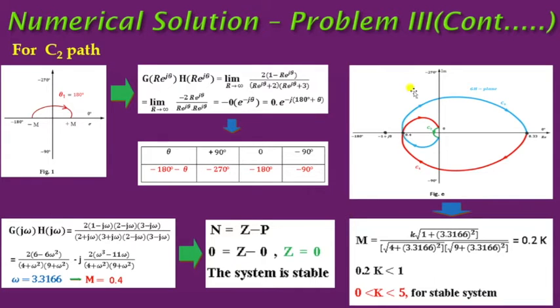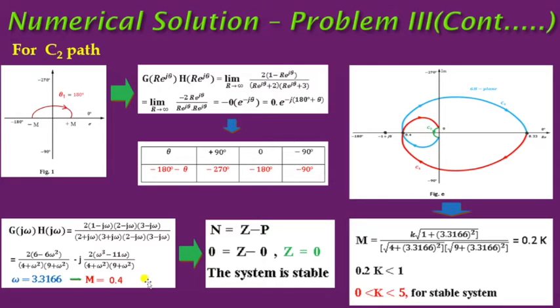So calculate the intersecting point of Nyquist plot with the real axis, equating the imaginary part to 0. Then find the omega. So this omega value is 3.3166. Then put this omega value into the magnitude.